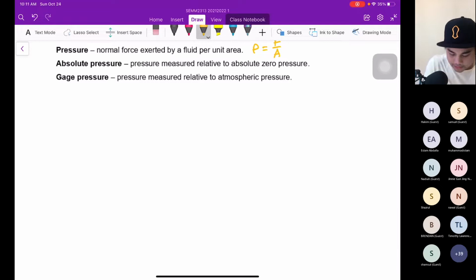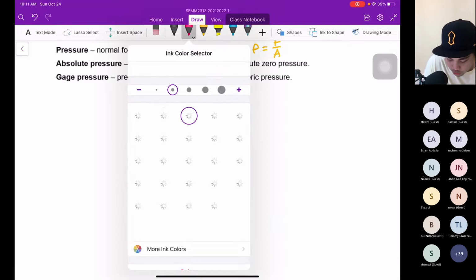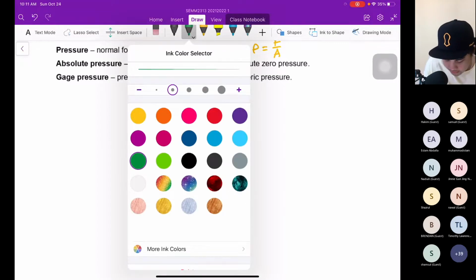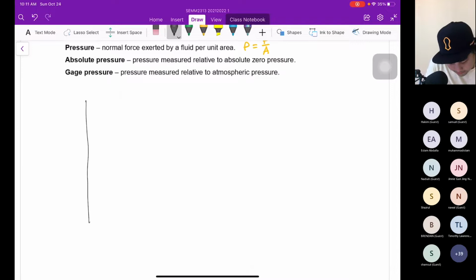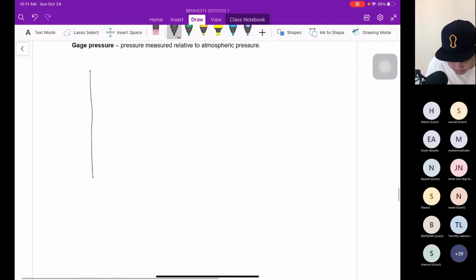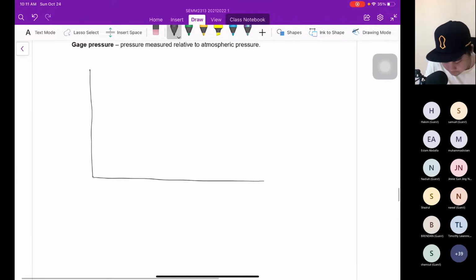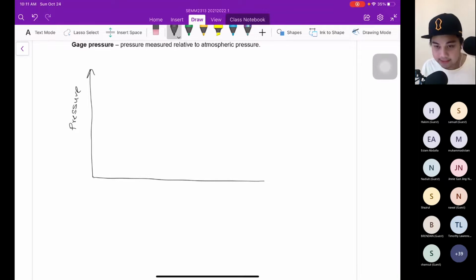When we look at this, it is better for us to draw the diagram, for your own understanding. For example, this is the diagram of the pressure. This is the y-axis referring to the pressure, and then the x-axis refers to the absolute zero. That means we start from here, 0.